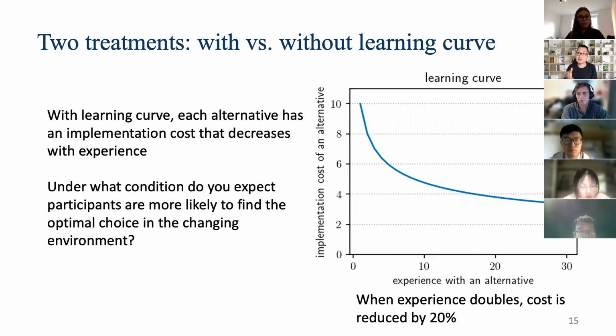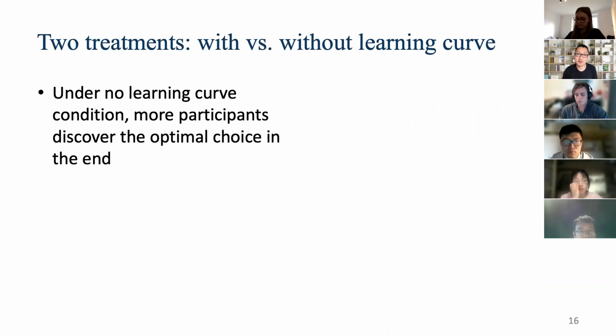And because of this learning curve, it is likely that you will stick to your old alternative, your old technology, because you have polished your skills or experiences of using one technology, then your payoff from that technology is higher, and you are more likely to stick to that alternative. Let's see whether this is the case. This is what we can observe from the experimental data.